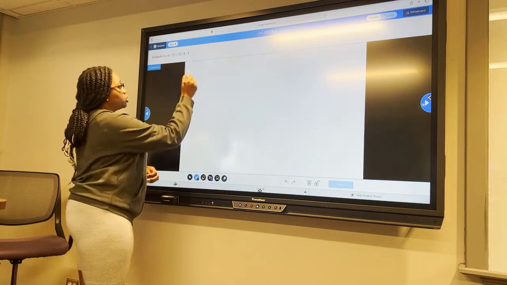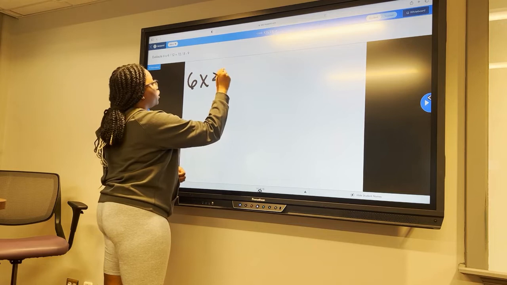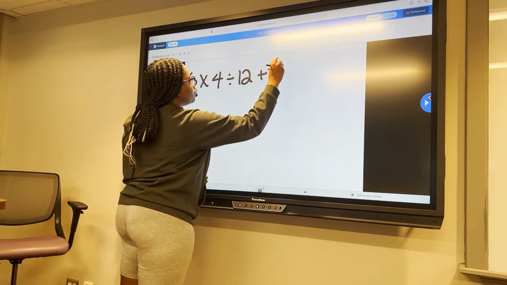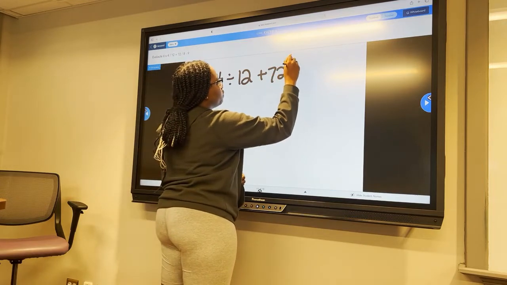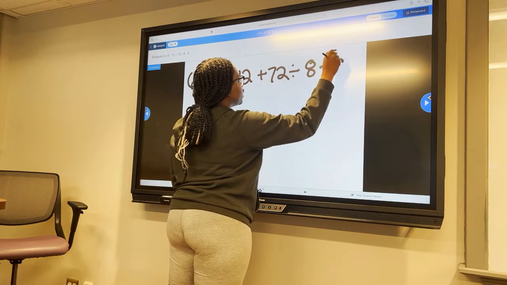Our next equation, 6 times 4 divided by 12 plus 72 divided by 8 minus 9.